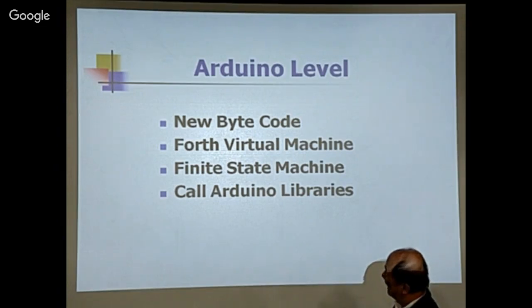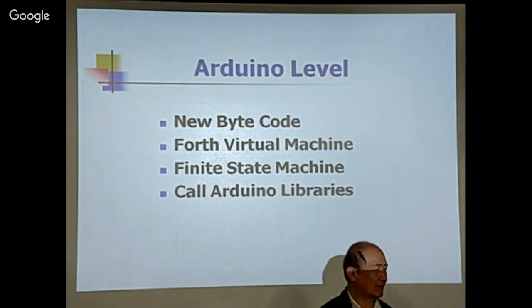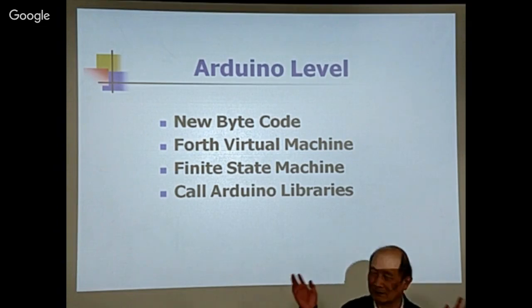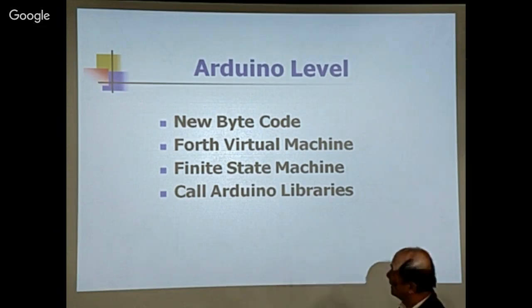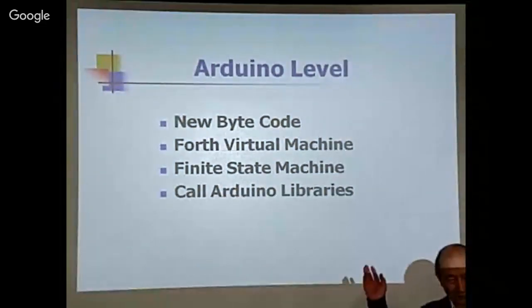And then there are the huge libraries in Arduino that you can call. Every function, every I/O, there is a library. So you just call them and don't have to worry about it. ADC, DAC, SPI, I2C, everything. You can do it in Arduino.